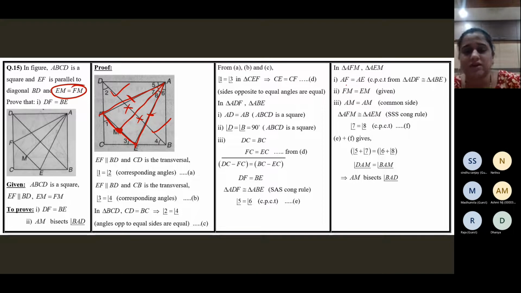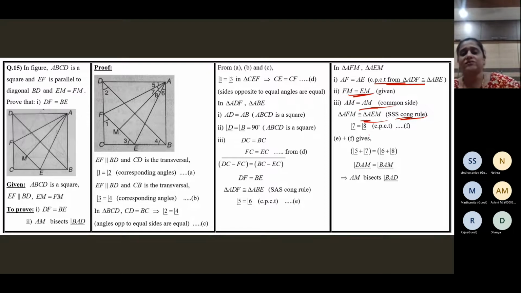Let me see if I've written correctly. AF is equal to AE by CPCT from ADF congruent to ABE. This is correct. FM is equal to EM, given, correct. AM is common side. Yes. AFM congruent to AEM, correct, by SSS. So angle 7 is equal to angle 8 by CPCT. Yes, children.